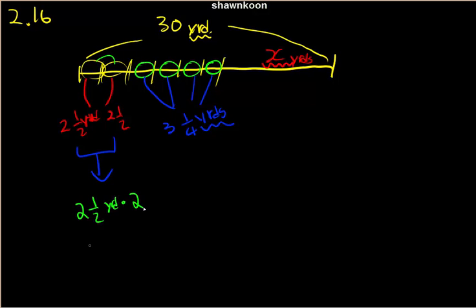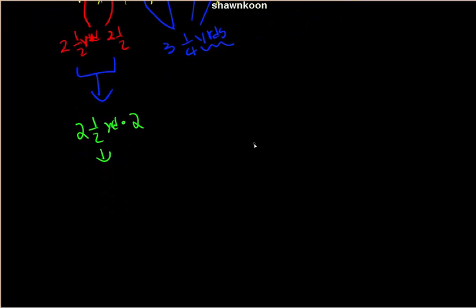When we do this, I usually change it to an improper fraction first. So this becomes 2 times 2 is 4, plus 1 equals 5 over 2. So I change this into an improper fraction and then multiply by 2, since there's 2 pieces, right?